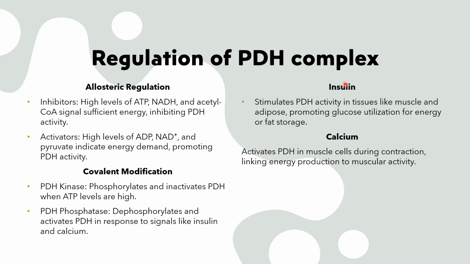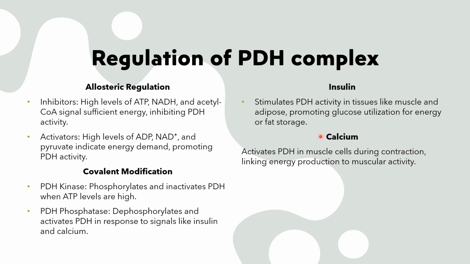So we have hormonal regulation, mainly by insulin, which stimulates pyruvate dehydrogenase activity in tissues like muscle and adipose tissue. And this promotes glucose utilization and fat storage. And you can see the way it does this is by promoting dephosphorylation of the pyruvate dehydrogenase enzyme, which will activate it. Then we have, interestingly, calcium.